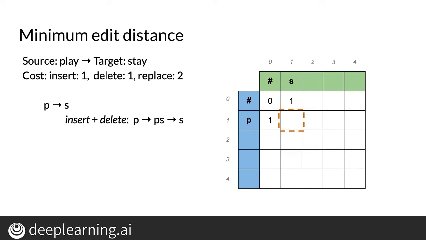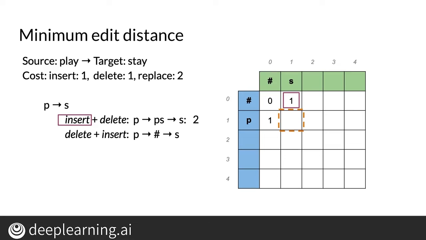At this point, notice that you've already calculated the cost of inserting a letter S. It's found in this red box here on top, when you calculate how to get from empty string to S. So you actually just calculate the cost of deleting the P and add it onto the cost that you've stored in the red box above. This is 1 plus 1 equals 2.